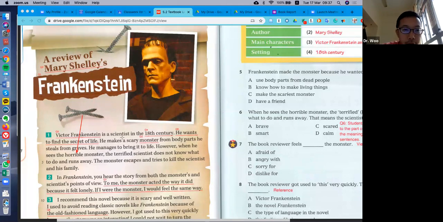Scary, right? If you take a look at the words to describe the scientist, you see terrified.